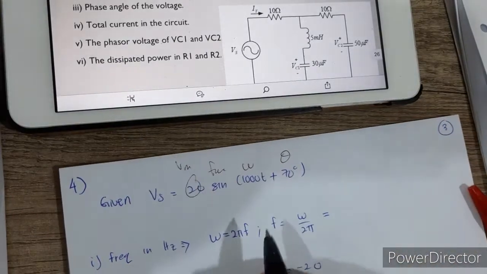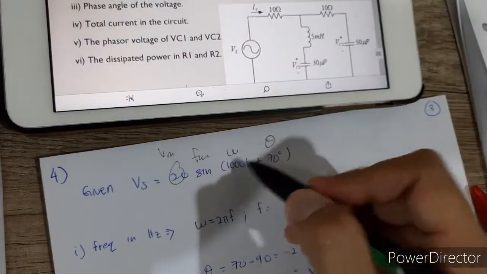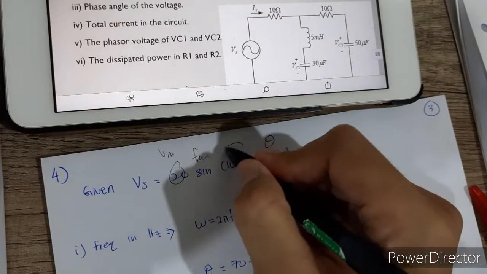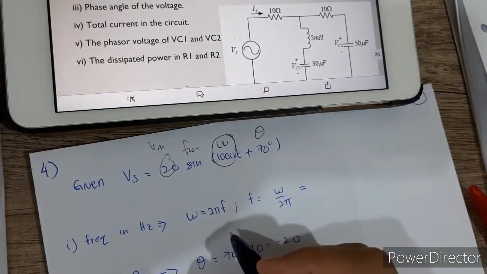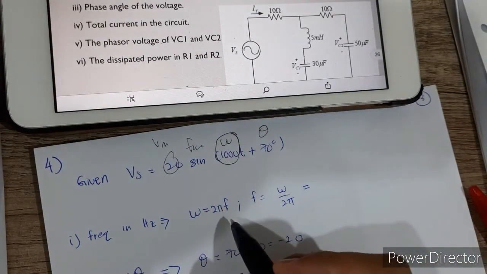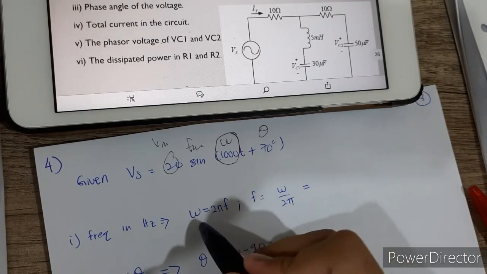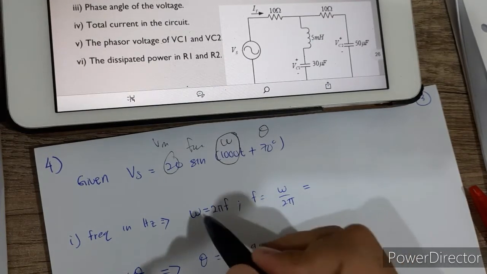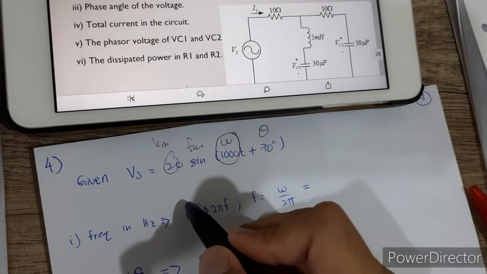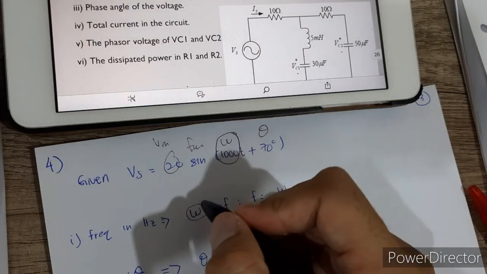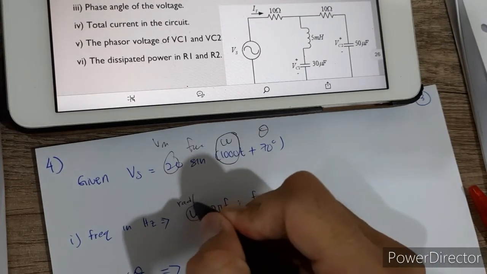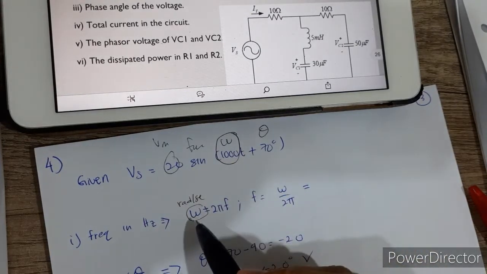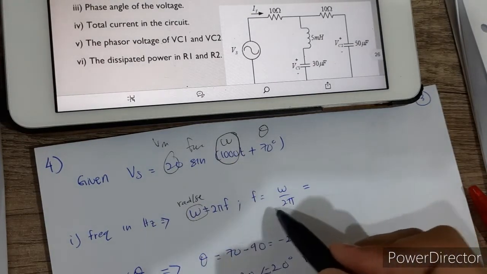So the first question, the frequency in hertz. Remember our omega is 1000. The relationship between omega and frequency in hertz is omega equals 2 pi f. Omega is actually also a frequency, but in units of radian per second. So you have to convert omega in terms of hertz.